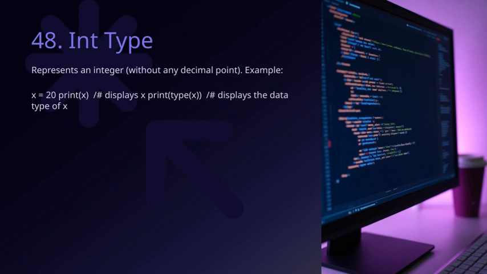Recognizing data types like integers is crucial because it helps us understand how Python treats different values, especially when performing calculations or functions. Remember, integers are a fundamental data type in programming, and knowing how to identify them is essential as we build more complex programs.